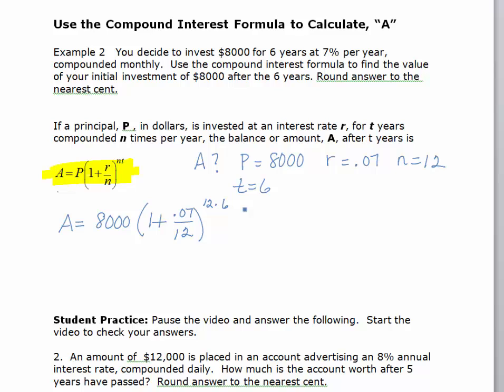Before you type this into your calculator, you never want to round until the very end of a problem. So before you type this in, I would simplify as much as you can. We're going to rewrite this as 8,000 times (1 plus 0.07 over 12) to the 12 times 6. So we're going to evaluate that at 72.